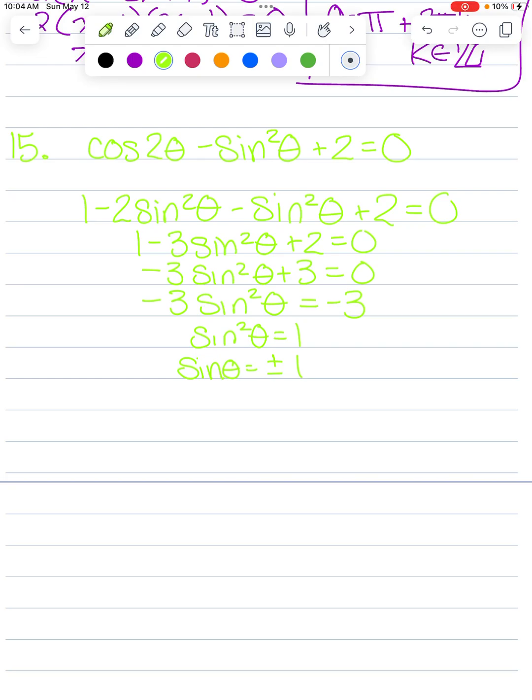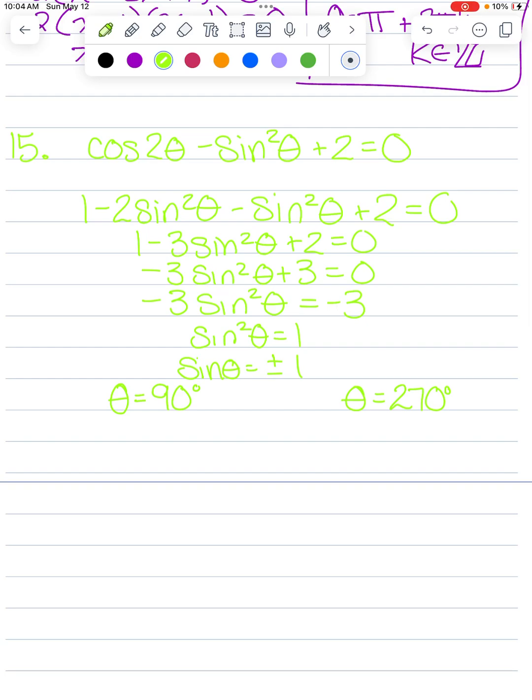Sine is positive or negative 1 at 90 and 270. And we're back into degrees, for all theta in degrees. Before I start adding the 360k, I'm going to plug these back in, make sure they both work.